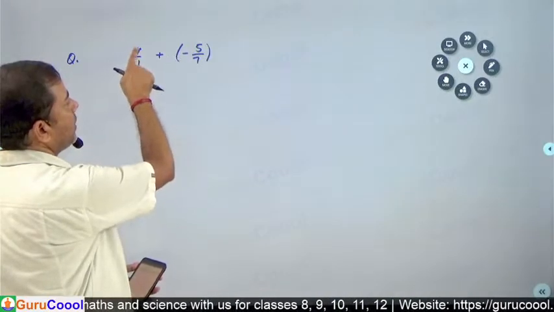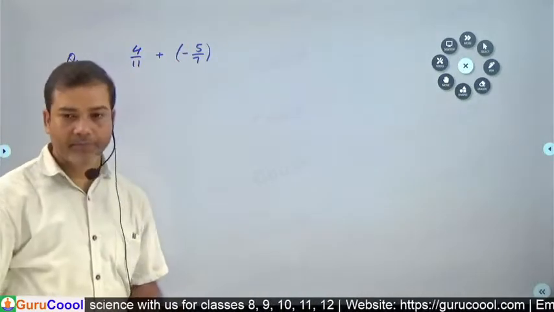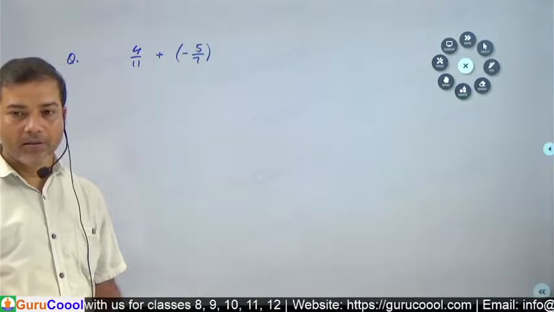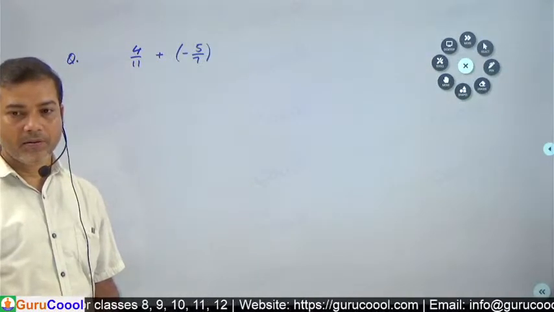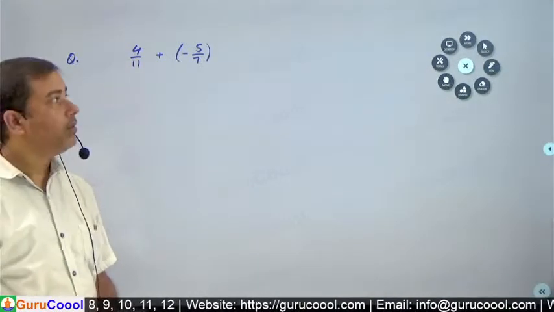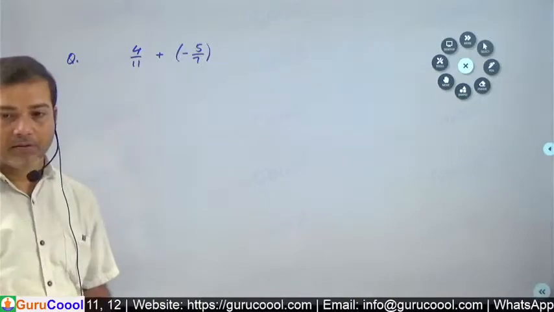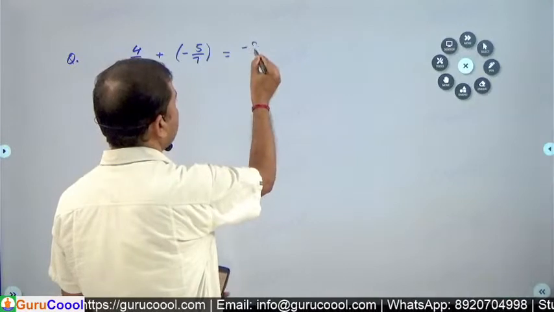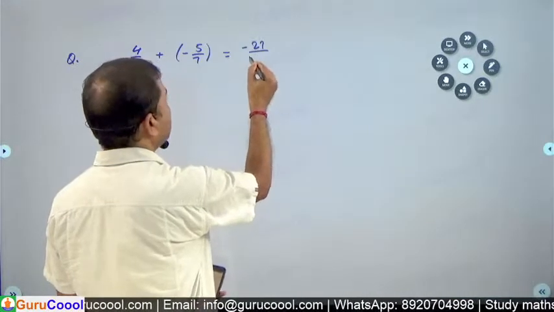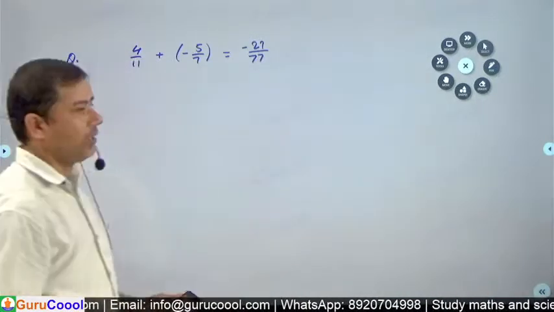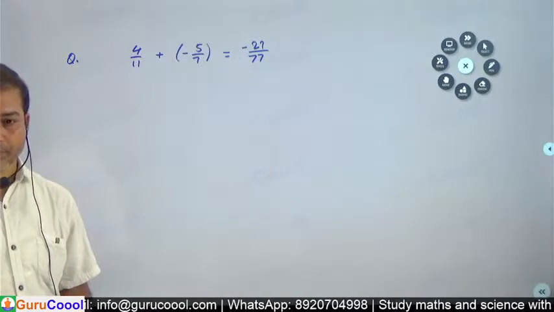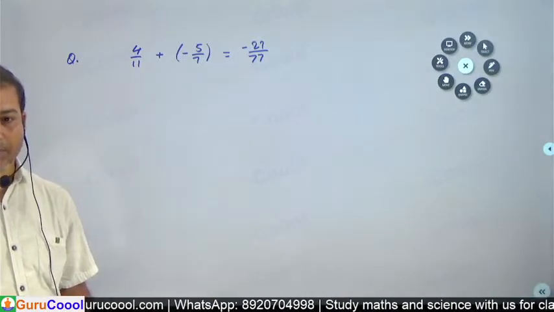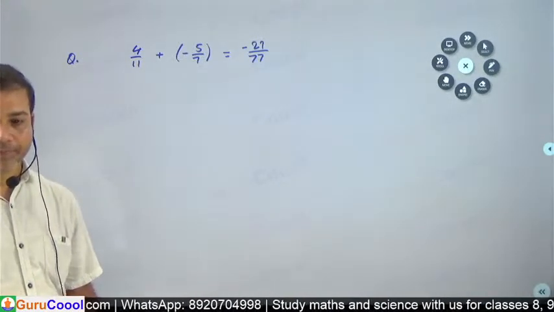So 28 minus 55 is minus 27. Minus 27 in the numerator and 77 in the denominator, right? David, is that okay? Yes, sir.